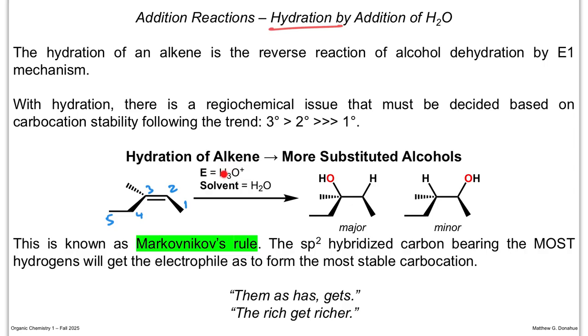So when it does that, it's going to form a carbocation. Markovnikov's rule basically says the one that has, gets. So carbon 2, since it has a hydrogen, gets a hydrogen, and that generates the most stable carbocation, which is then trapped by water. So verbally, hydration under those conditions will always produce the more substituted alcohol.